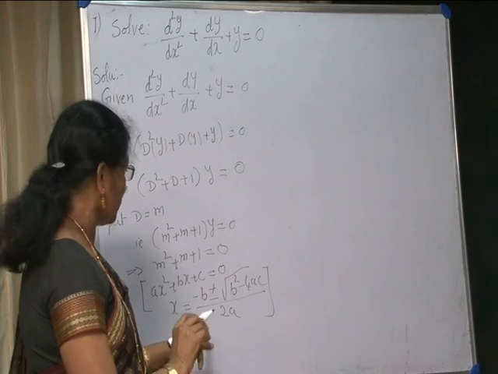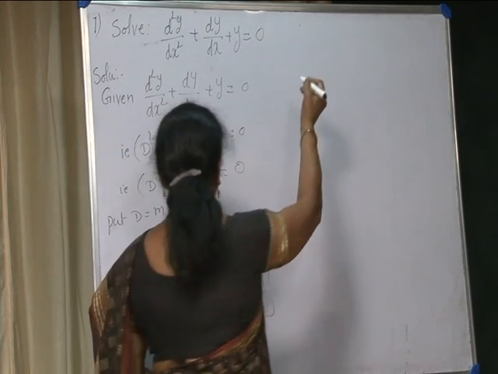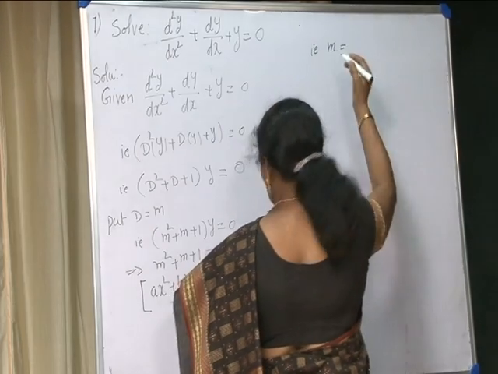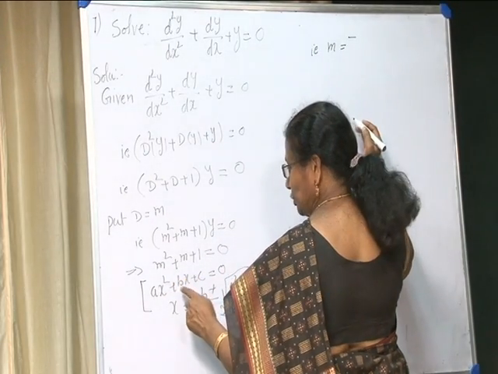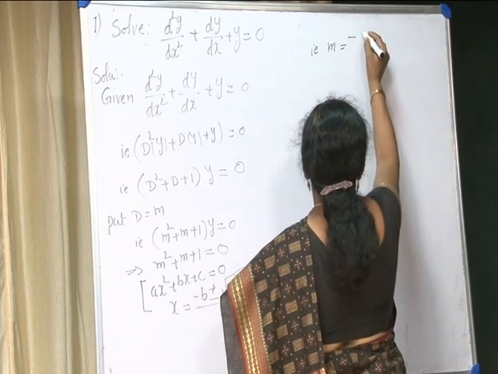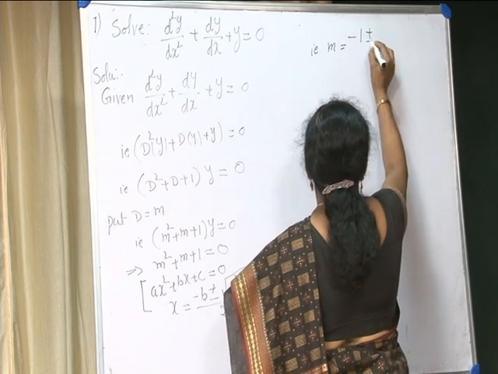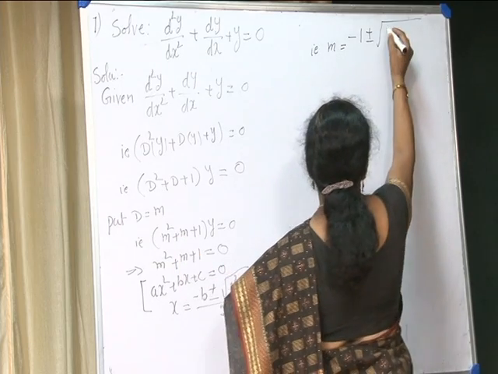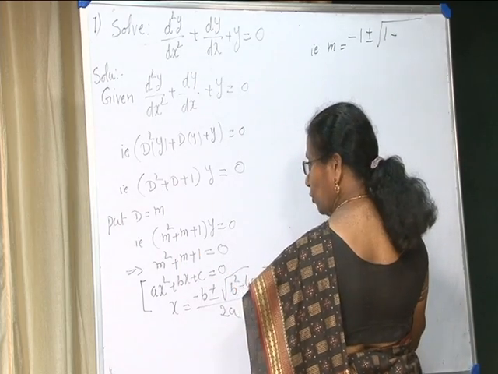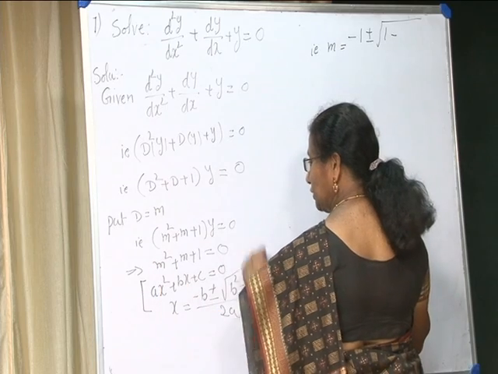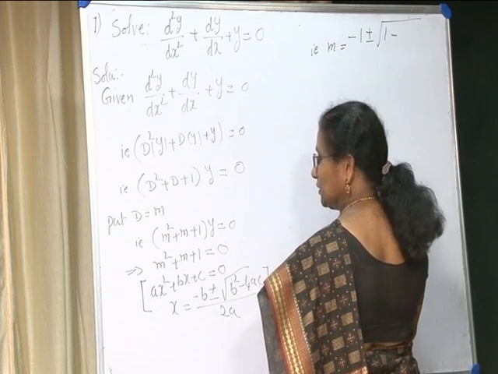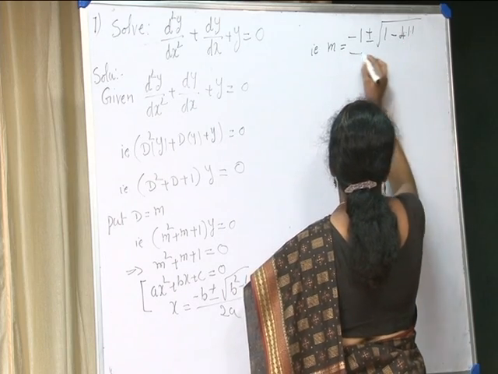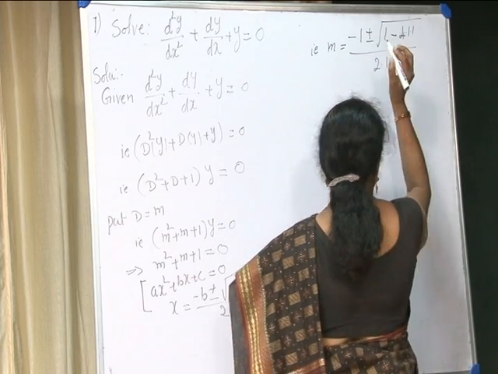So, according to this formula, m is equal to minus coefficient of m, that is 1, plus or minus square root of b squared, b value is 1, b squared is 1, minus 4ac, a is coefficient of m squared, c is constant, that is 1, 4 into 1 into 1, by 2a, a is 1.